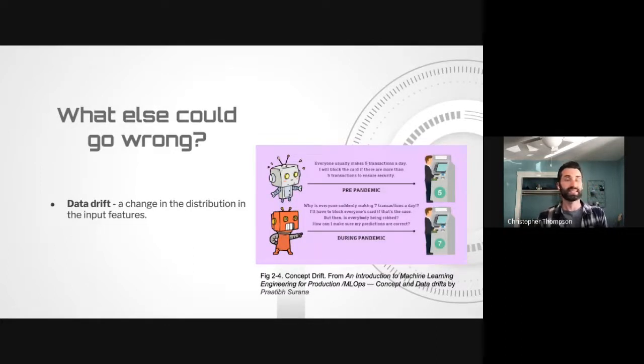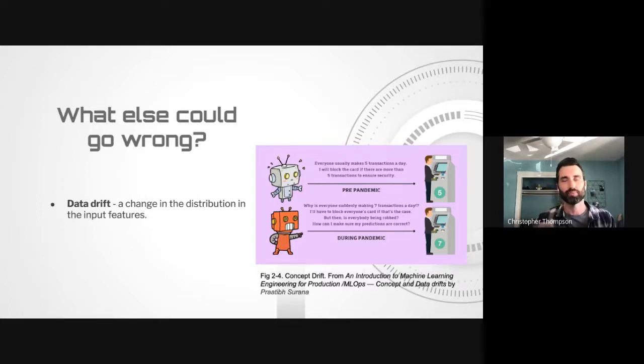What else? Data drift, right? So it could be the fact that our relationship might be similar, but our X's have changed. And this is an example here. So pre-pandemic, people were doing 5 transactions a day at the ATM, and we have a model that, say, is trying to predict fraud. And it says, okay, on average, 5 transactions every day. That seems right to me.